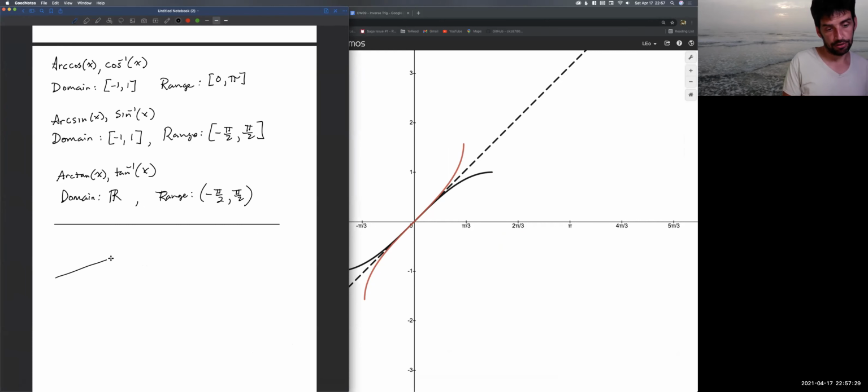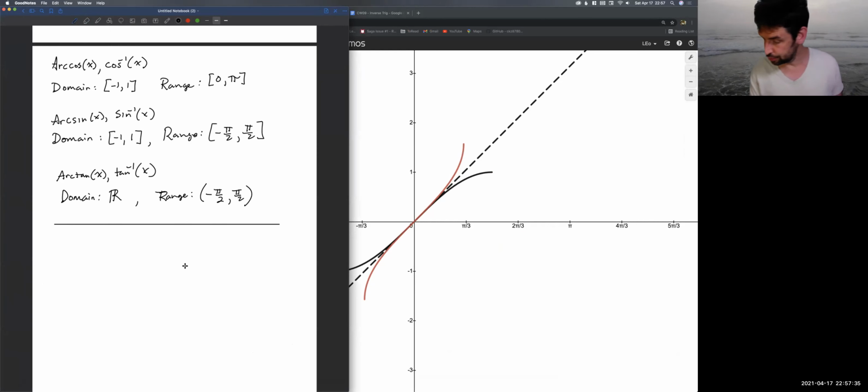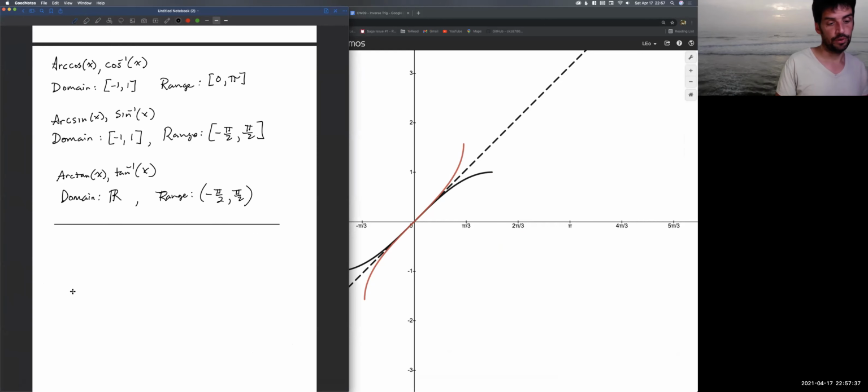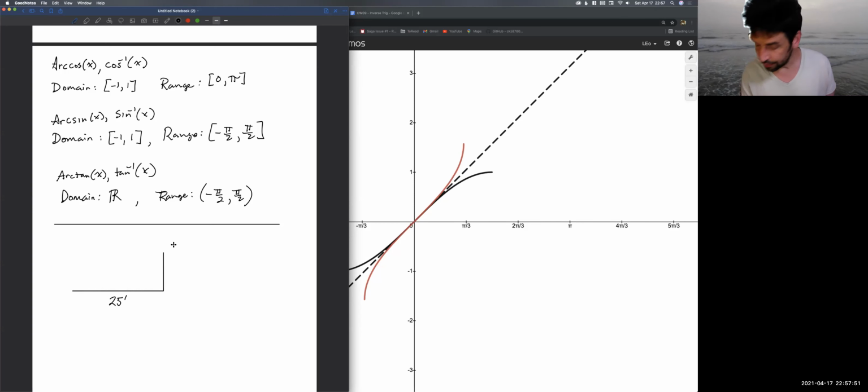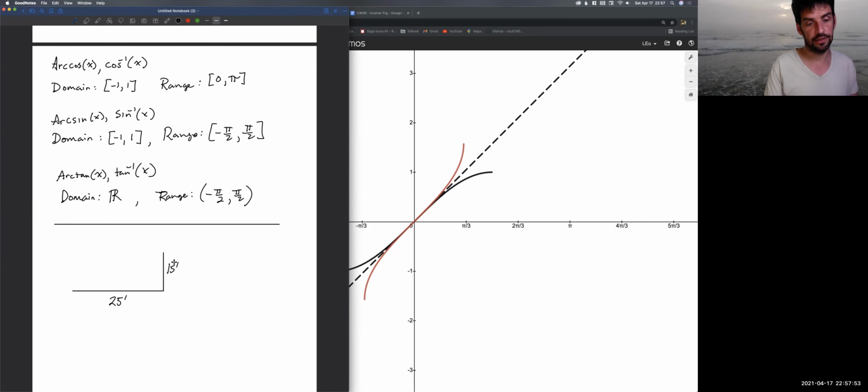Let's suppose, for instance, we're standing 25 feet away from some pole that we happen to know is 15 feet tall.